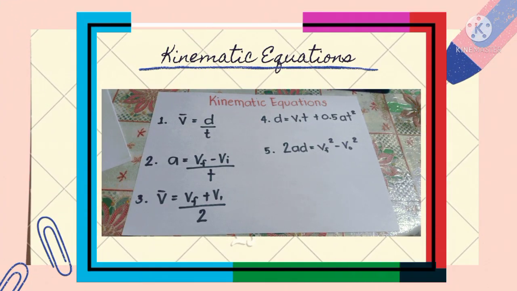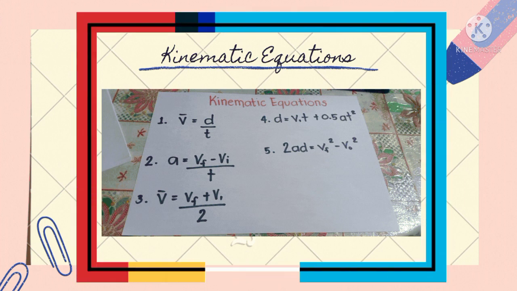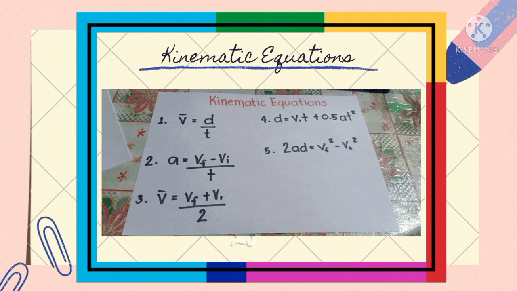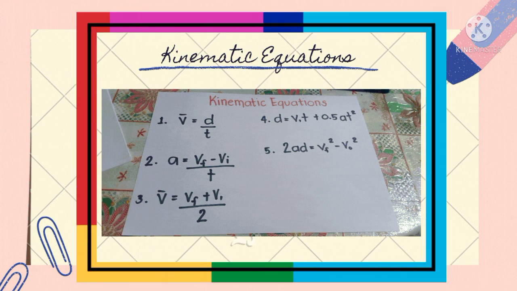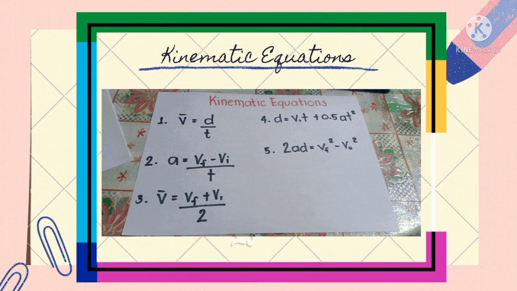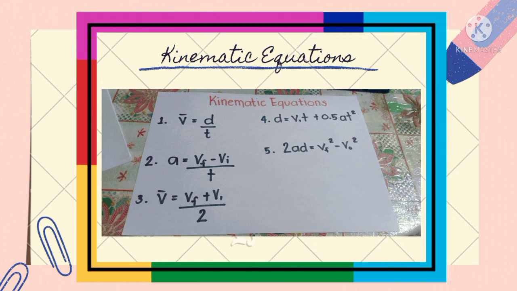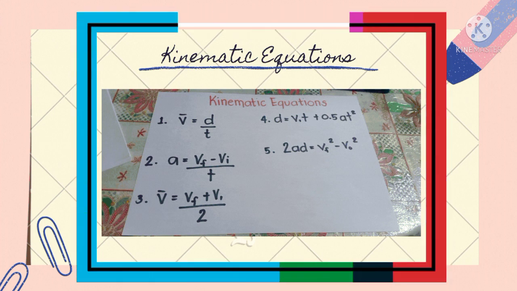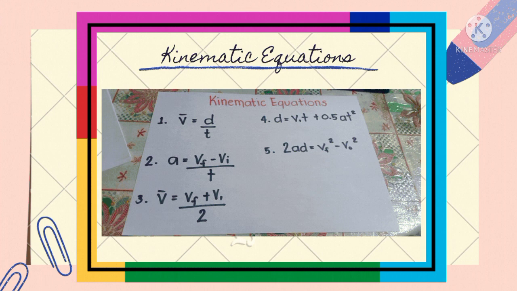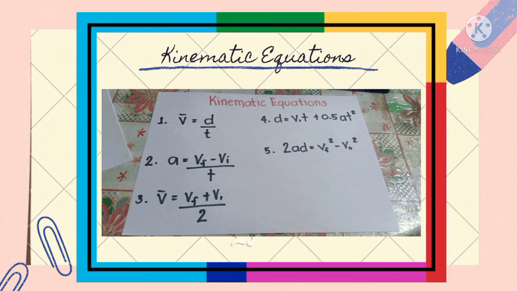The next step will be to determine what kinematic equation will be suitable for the problem. So let us check which of the 5 equations is best for the problem. So we have acceleration, the final velocity, and the initial velocity. So we are looking for the value of displacement.